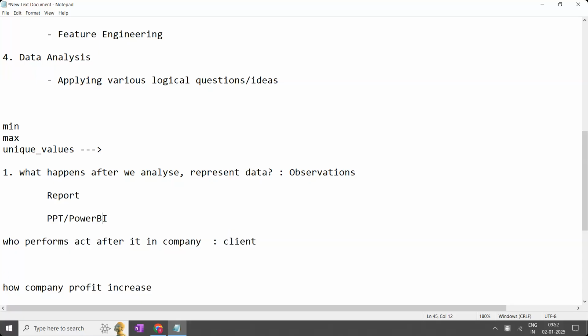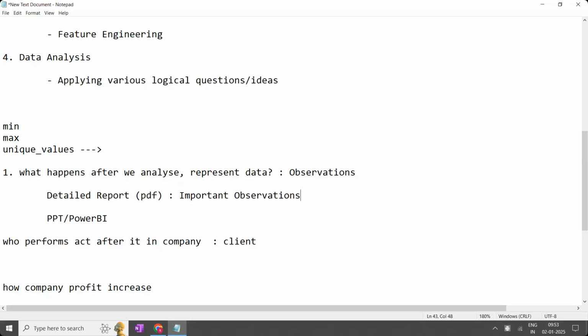In the same way, after the PPT, we share a detailed report as a PDF document in which all our important observations will be included. In the presentation there will be shortcuts, but in the detailed report everything will be clearly available step by step.